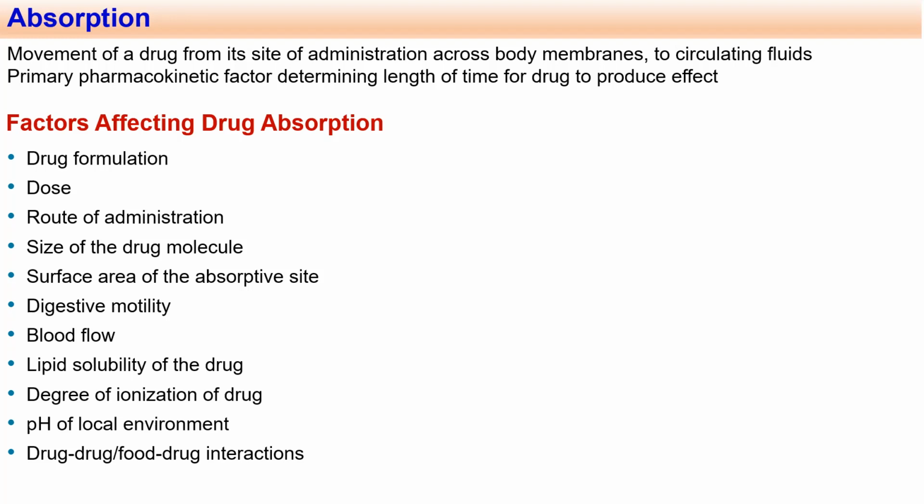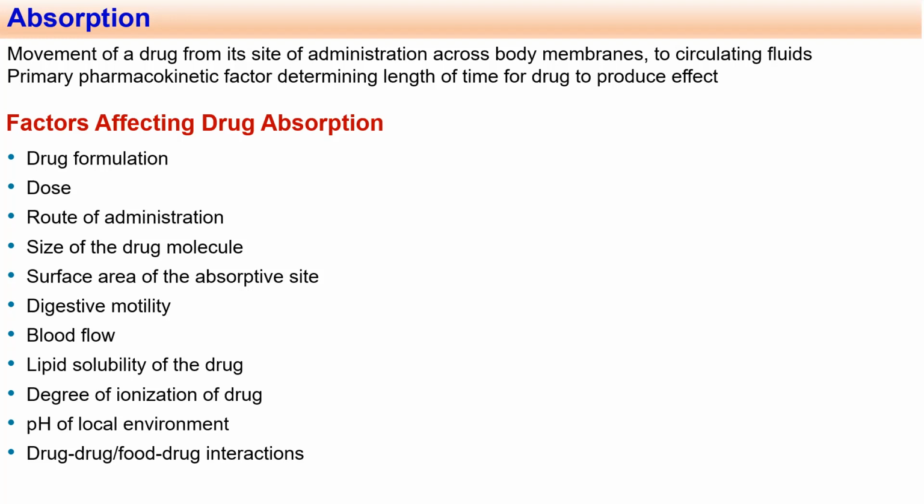So again, we have two different concepts here. The first one is that the rate of absorption, slow or fast, determines the onset of the effect, when the effect or the response will start. The second concept is that the amount of absorption determines the intensity of the effect.